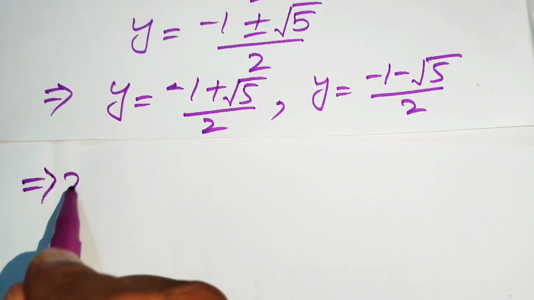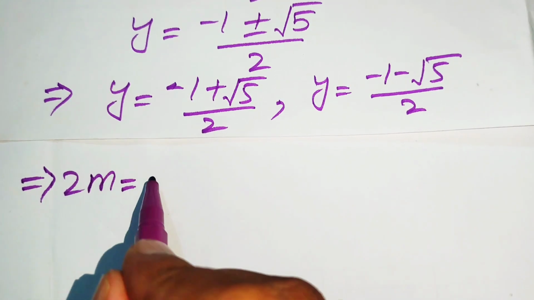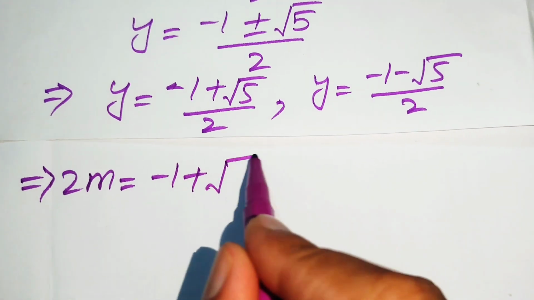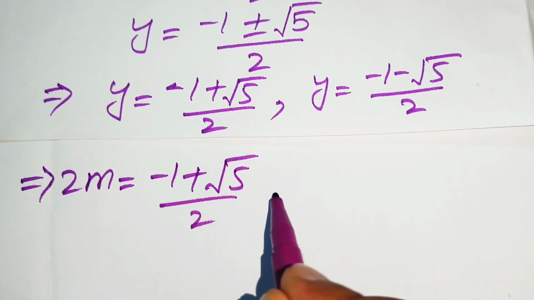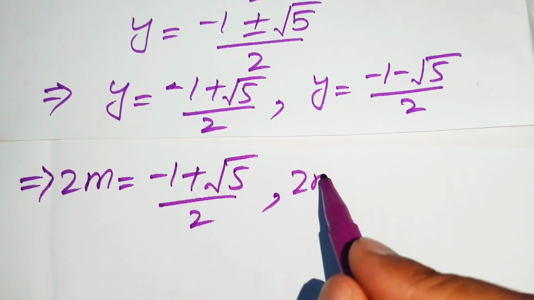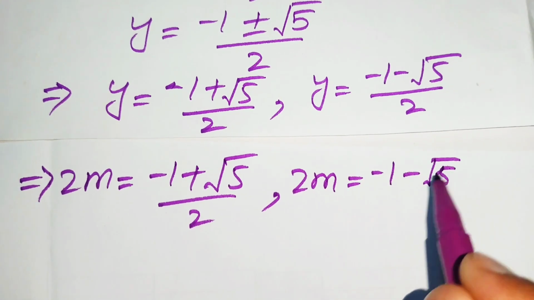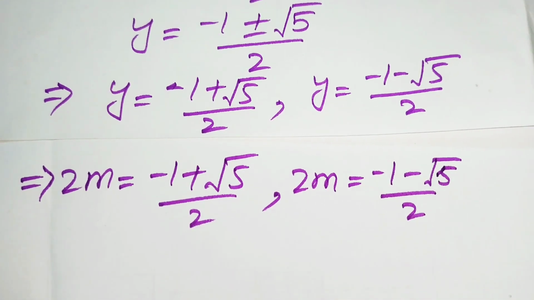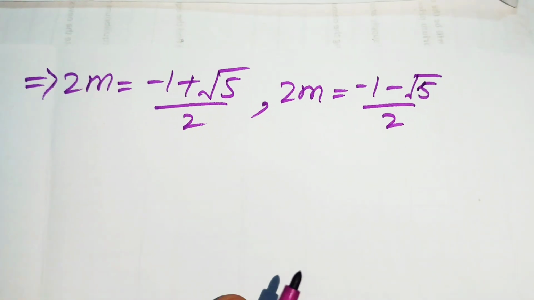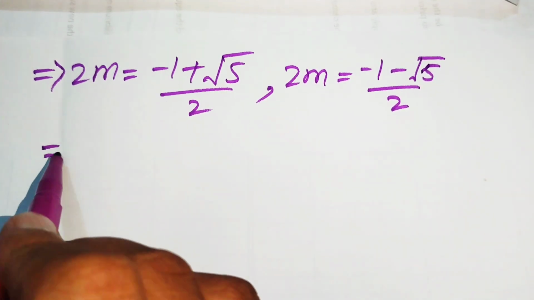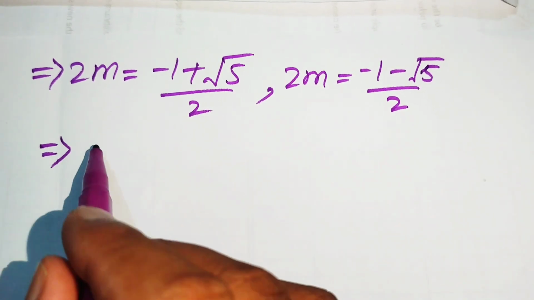So this implies that 2m equals minus 1 plus square root of 5 divided by 2. And in this case, we have 2m equals minus 1 minus square root of 5 divided by 2.